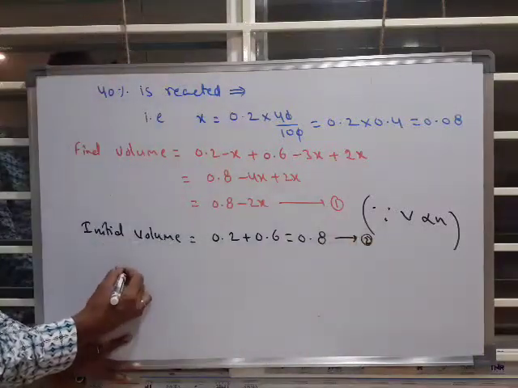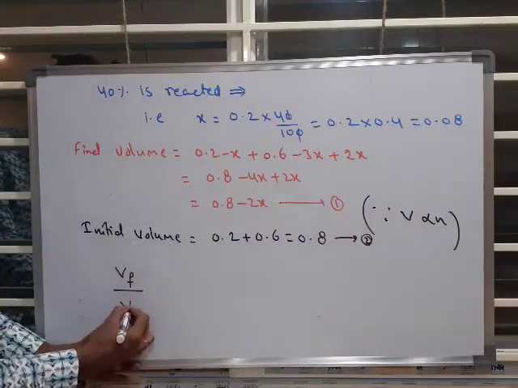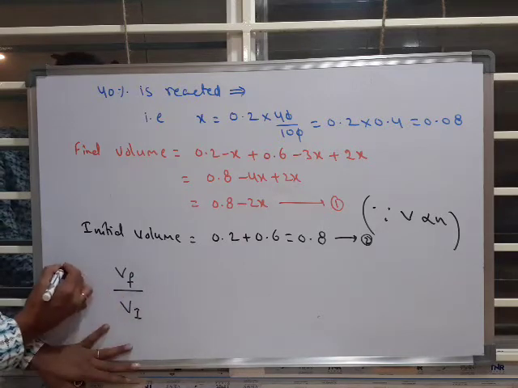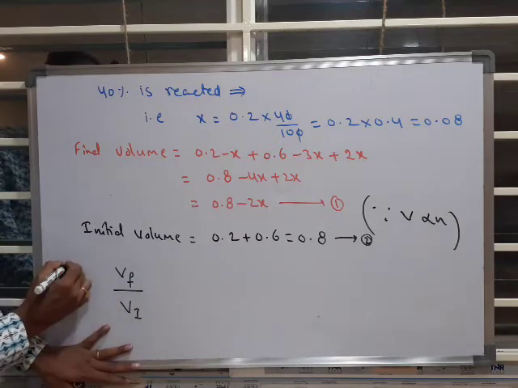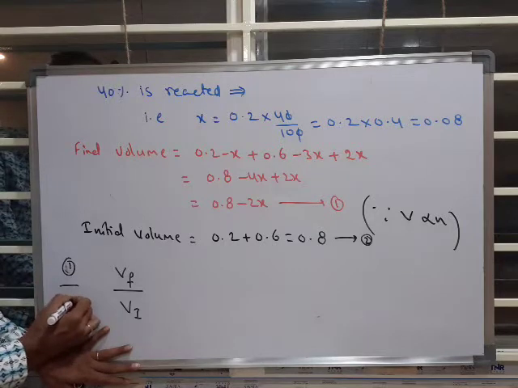So final value by initial value, just doing equation 1 by 2.